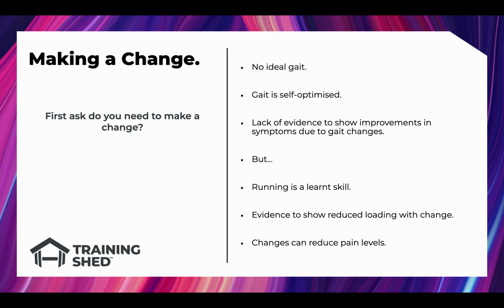Although there is no link between ground reaction force and injuries, we know there are links to injuries with loading rates and things like IPA. And changes we can make can reduce pain levels. So that's another factor we might want to look at. If we can make a change that reduces an individual's pain level, let's do it, because then it might keep them running for a little while.